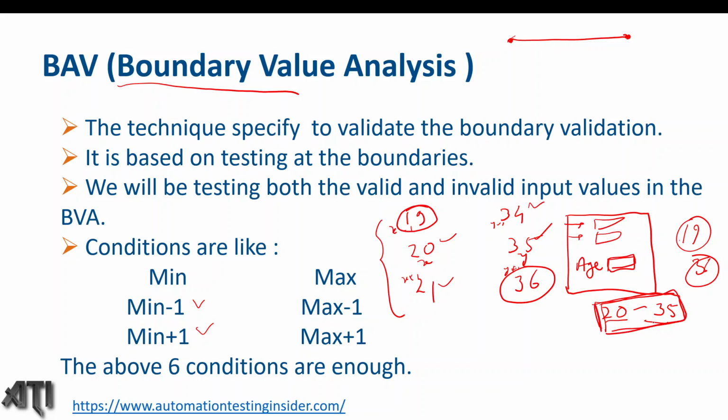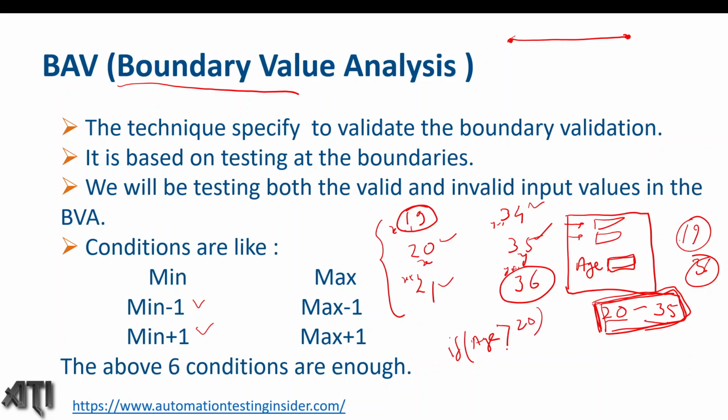And why do we go for boundary value analysis? Why do we need it? Developers generally make mistakes while developing the application. Let's say for this particular scenario, while putting in the condition, like if-else, the developer puts the criteria as: if age is greater than 20.